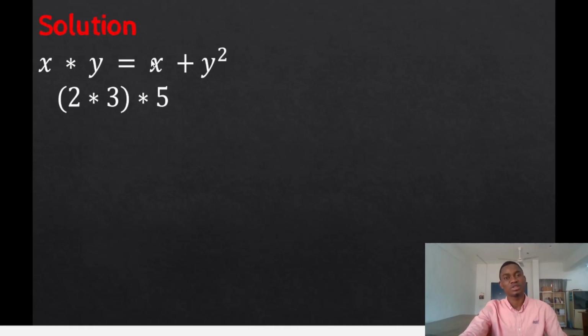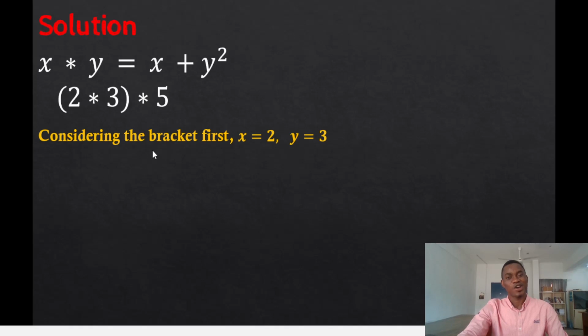So if this is a working formula, how do we combine 2 operated on 3 in a bracket, then operated on 5? Of course, we have to work on 2 star 3 first before we now use the result to work on star 5, right? Yes, as usual, we are going to consider the bracket first.